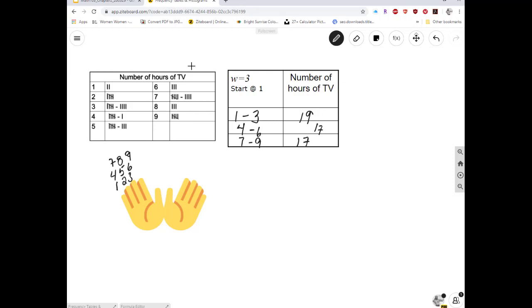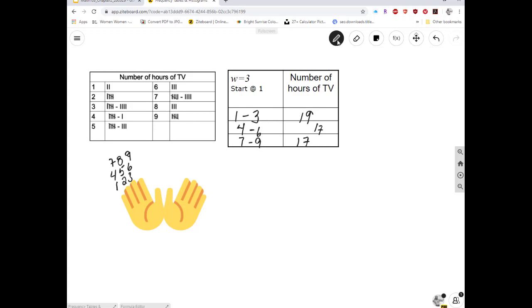Okay, this is my frequency table for this small data set. I have 19 people that watched television 1 to 3 hours. I'm sorry, I have 17 people that watch television 4 to 6 hours, and I have 17 people that watch television 7 to 9 hours.